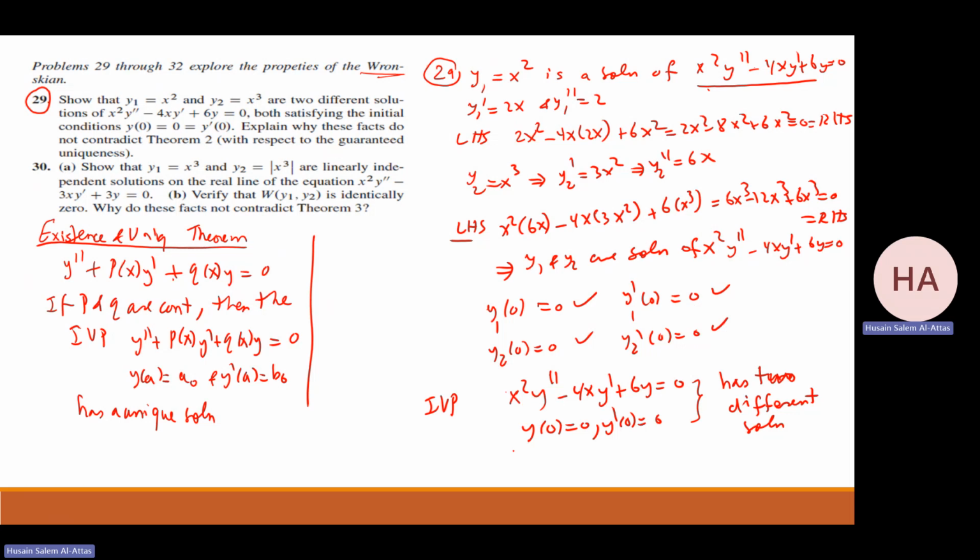If I write this in standard form, I have y double prime minus 4 over x y prime plus 6 over x squared y equals 0. And this is not continuous at x equals 0. But my initial condition depends on 0. Because of that, we cannot apply the theorem.